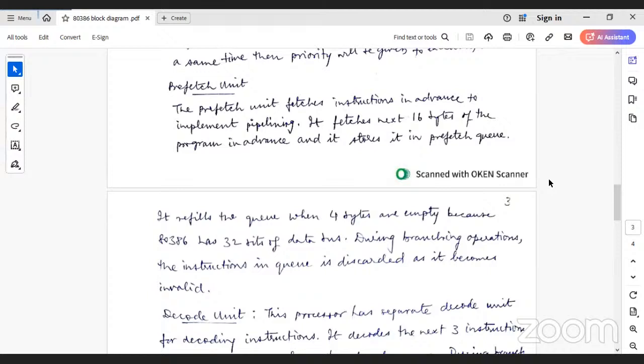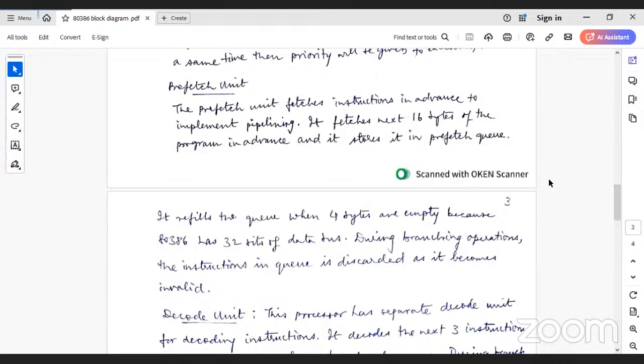So I think the prefetch unit is clear to you. It fetches the instructions in advance, and how much is it fetching? 16 bytes. It stores them in the prefetch queue and refills the queue when 4 bytes are empty. It means your prefetcher will always be full with 16 bytes, because the 386 has a 32-bit data bus.